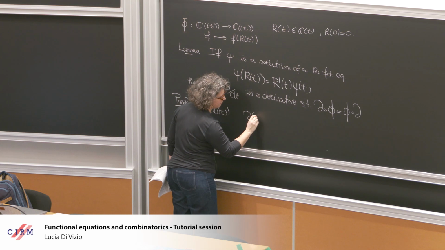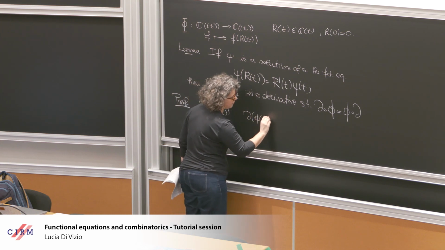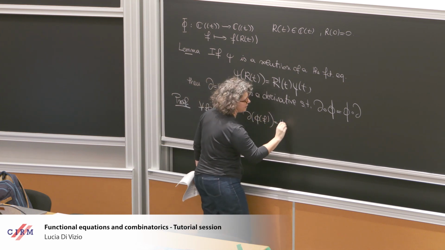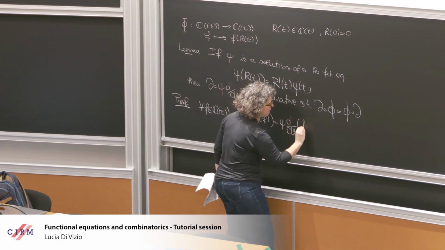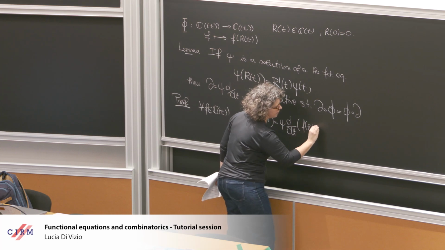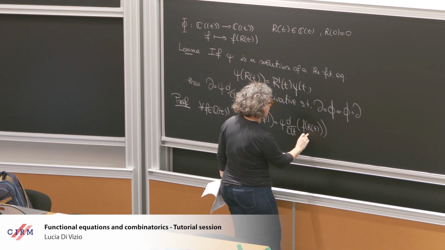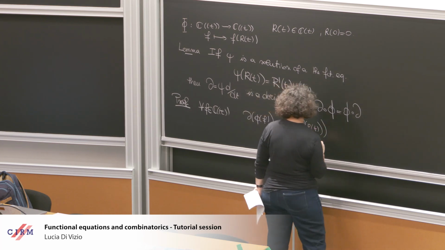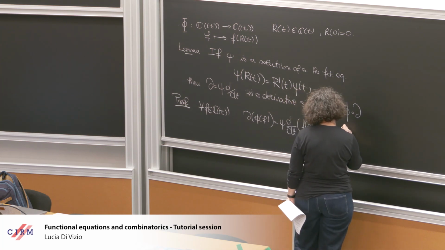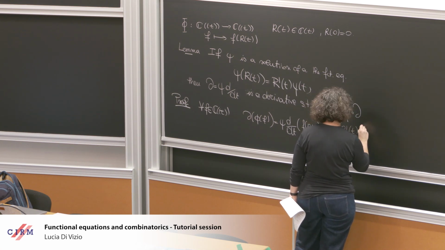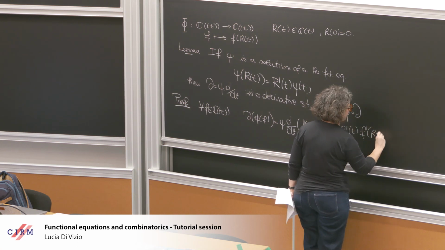Delta of phi of f is equal to psi d over dt of f over t, and this is psi r prime of t f prime over t.